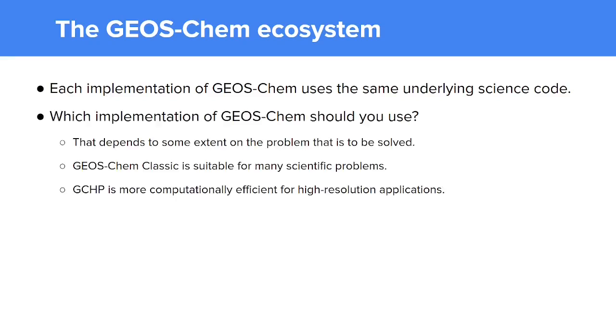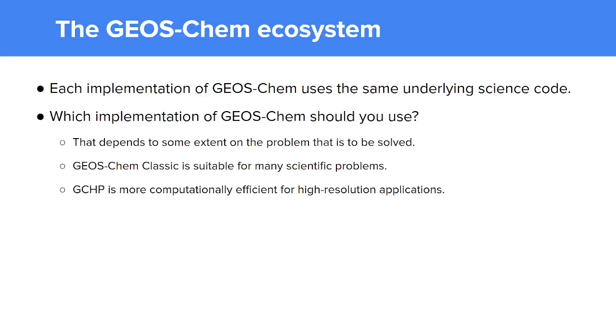And so this all begs the question, which implementation of GEOS-Chem should you use? There is no one correct answer, as this typically depends on the science that you're trying to do. Most new users of GEOS-Chem start out with GEOS-Chem Classic, as it is easy to set up and can be applied to different research problems.